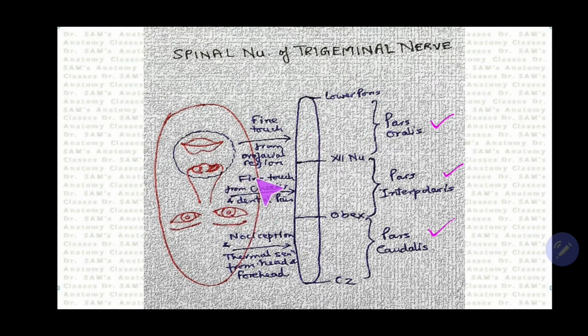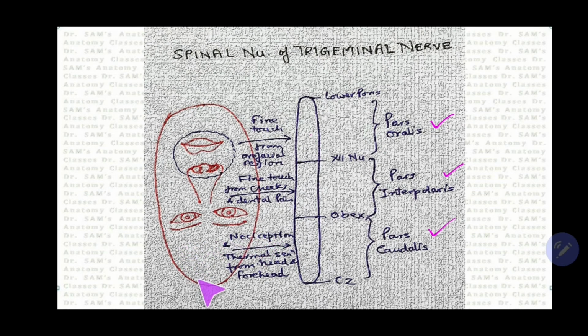Then from the cheeks portion, this middle portion, fine touch and this type of sensations include the cheek portion down below. Remember, it includes the teeth and temporomandibular joint. Although the proprioceptive sensations from the teeth will reach above in the mesencephalic nucleus, the touch, pain, and temperature sensations from the cheeks will reach here in the pars interpolaris.